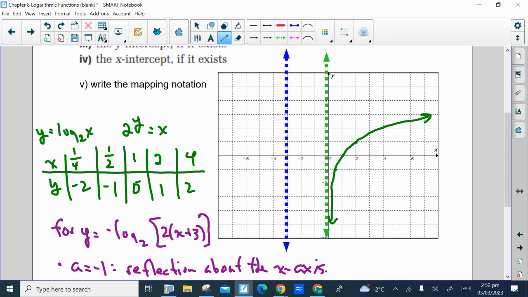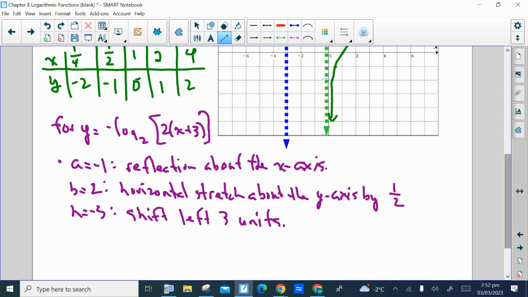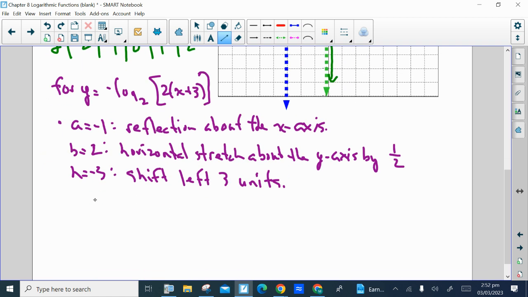Okay, a couple points that I have on here. And maybe it's helpful to do our mapping notation right now. So if we do part V right now, the ones that will affect the x's are your b parameter and your h parameter.